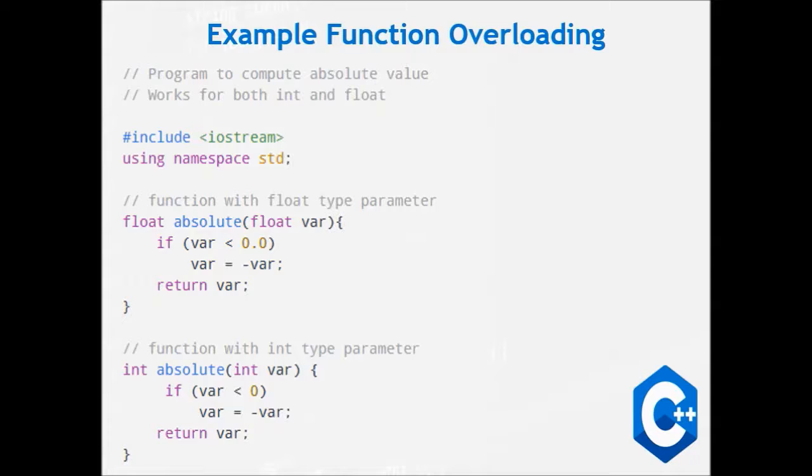In the body of this function, we set a test: if var less than 0.0, then var is equal to minus var, and we also want to return the value var back to the main program.